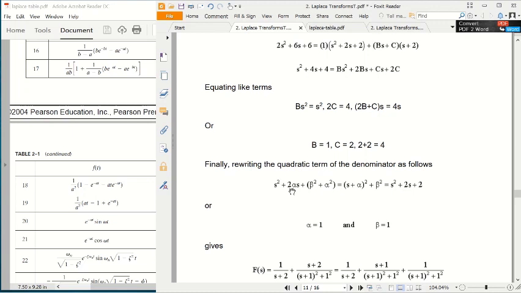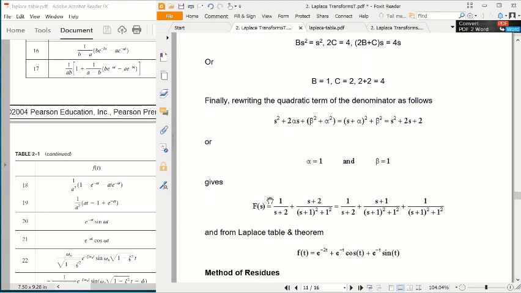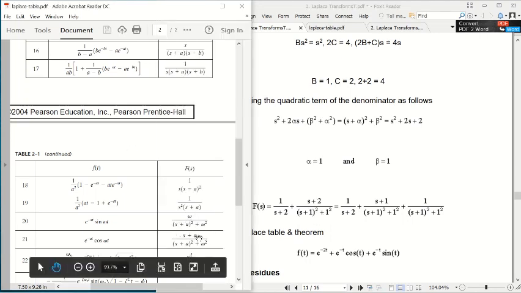That means alpha equal to 1, and then you can use the rest to calculate beta, which is also equal to 1. After you get that, for the partial fraction just now, you get the values of B and C already: C equal to 2, B equal to 1. So you can also express the bottom part of the partial expansion in the form of something like this, so that you can use the Laplace table.